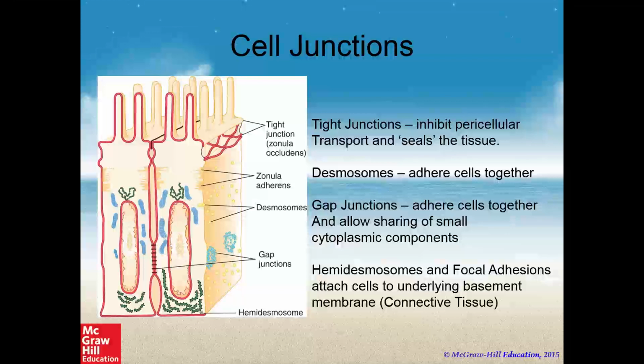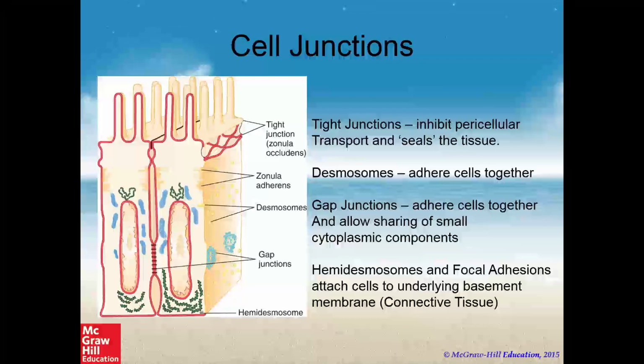They basically help to hold cells together. Because they're circular and they're not tightly knit together like these tight junctions are, they don't prevent any transport in this paracellular pathway, but they do hold adjacent cells together.